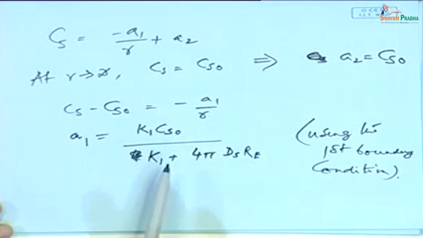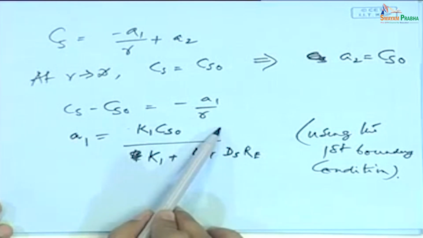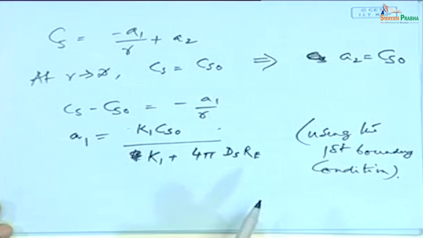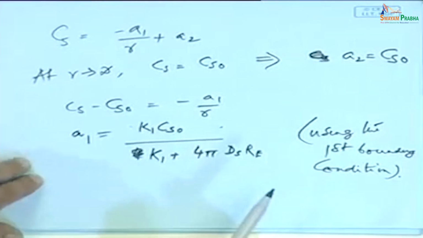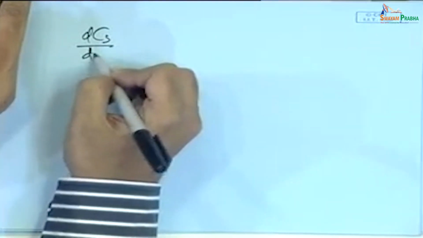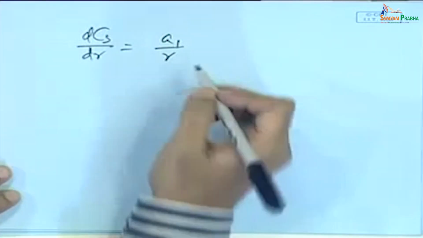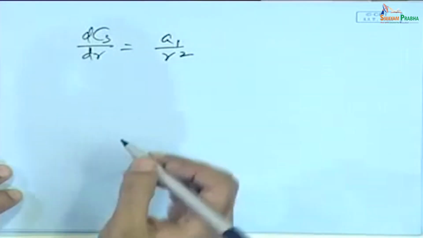So you use the second boundary condition, get your Cs minus Cs naught as this, and then you plug this back into the first boundary condition. If you forgot, then your dCs/dr equals A1 over r square. Fine.